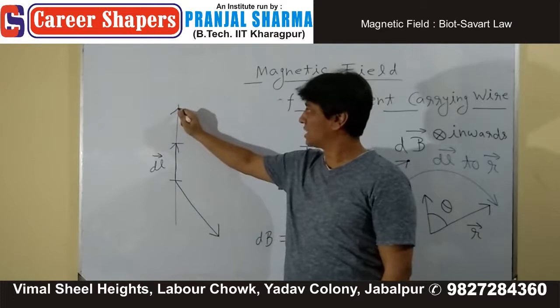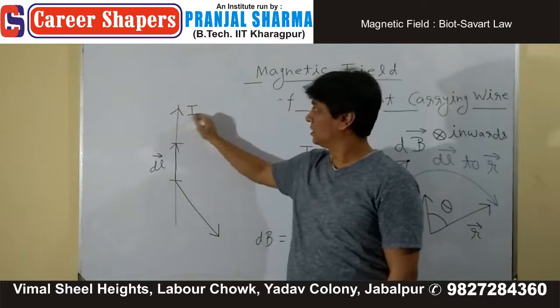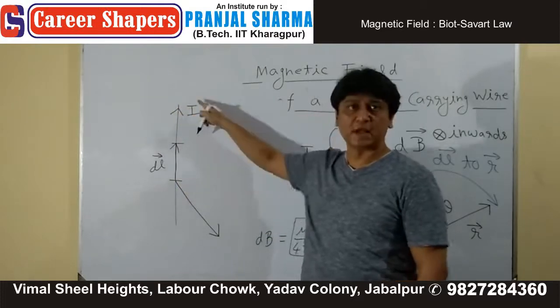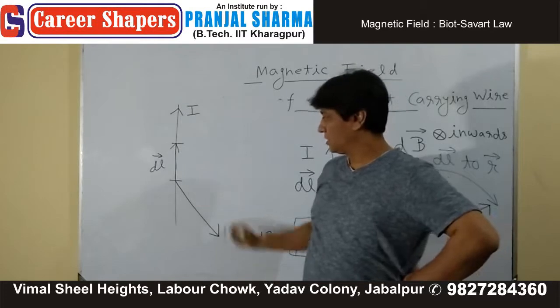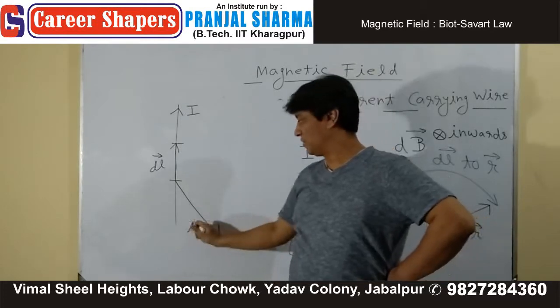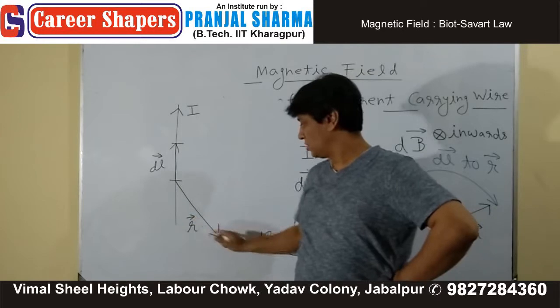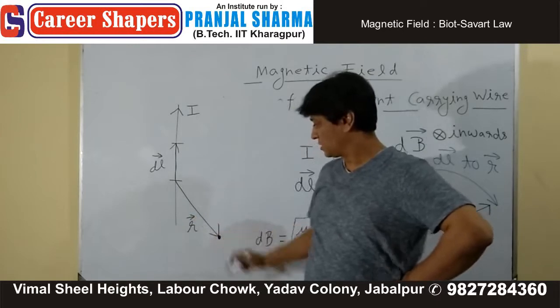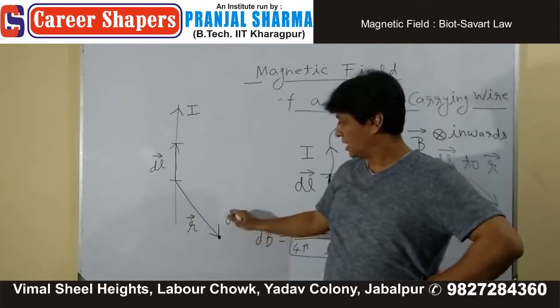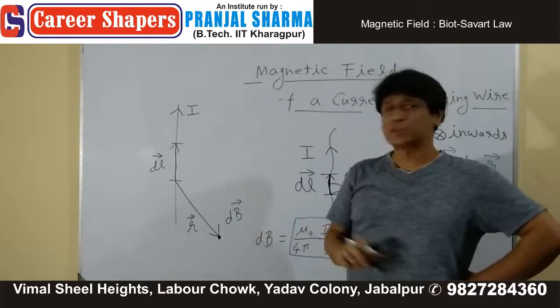Current is flowing in this direction. dl should always be in the direction of current. This is the position vector of this point. Right here, I need the direction of dB. Just give me the direction.